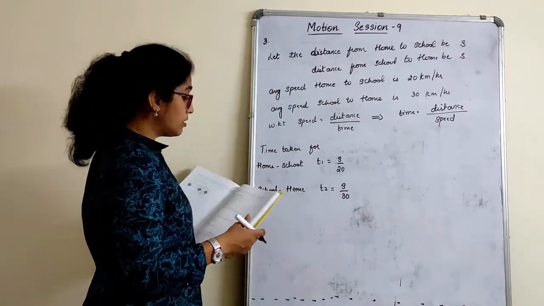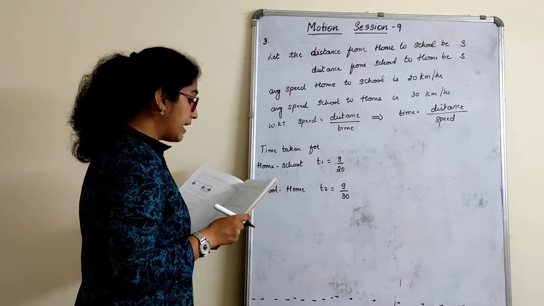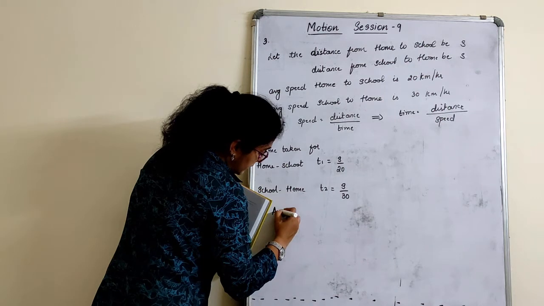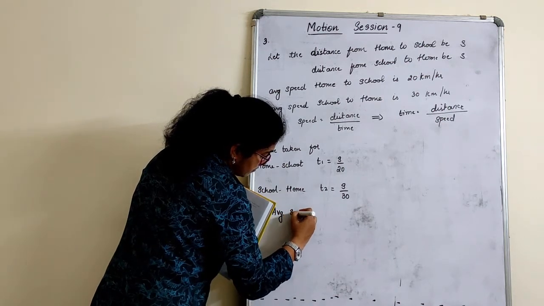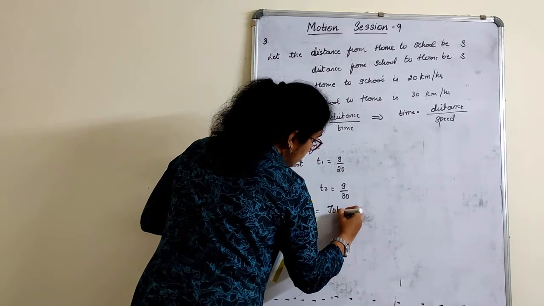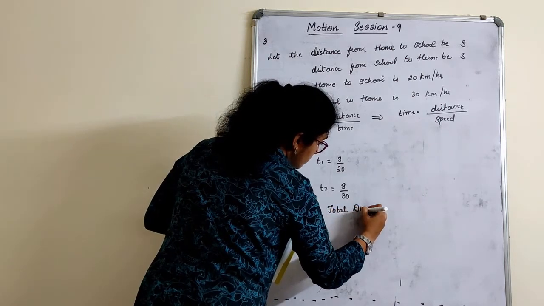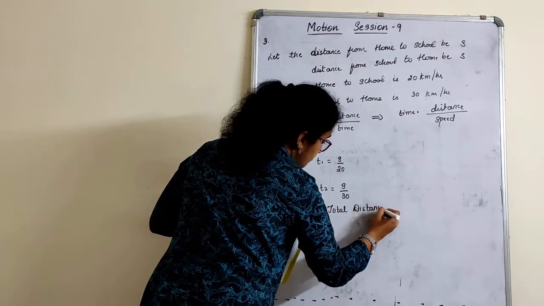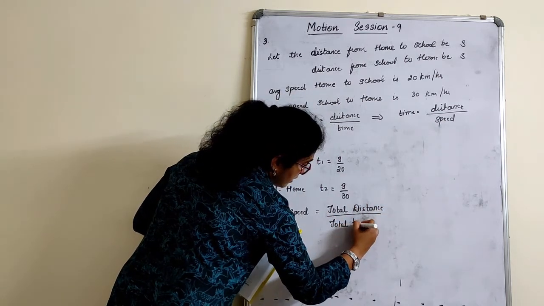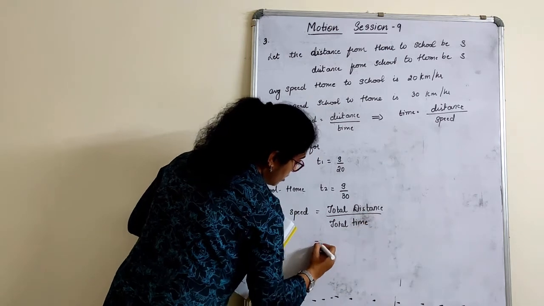So since we know now these many things, what is the average speed for Abdul's trip? Average speed is equal to total distance upon total time taken. What is total distance, children?